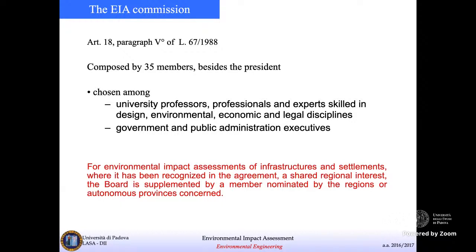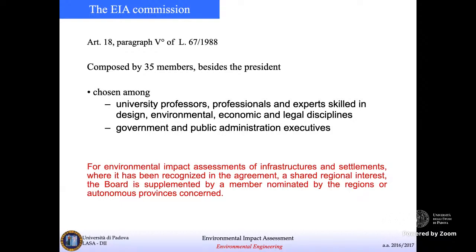For environmental impact assessment of infrastructure and settlements where a shared regional interest has been recognized in the agreement, the board is also supplemented by members nominated by the regions or autonomous provinces that are concerned by the project.